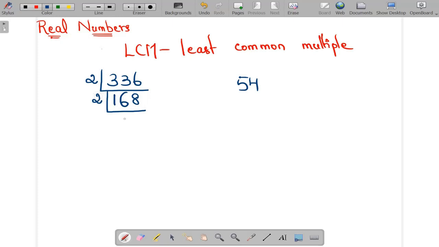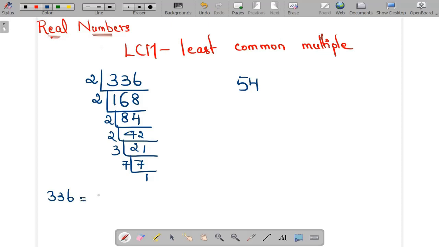Now again 2 times, this fetches 84. 2 times 42, 2 times 21. Now I'm going to go for 3 times 7, which is also a prime number, so I close it off. So 336 is written as 2 into 2 into 2 into 2 into 3 into 7.